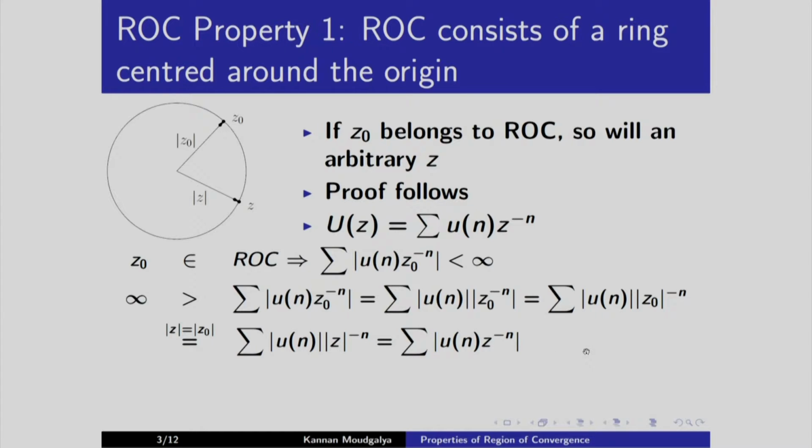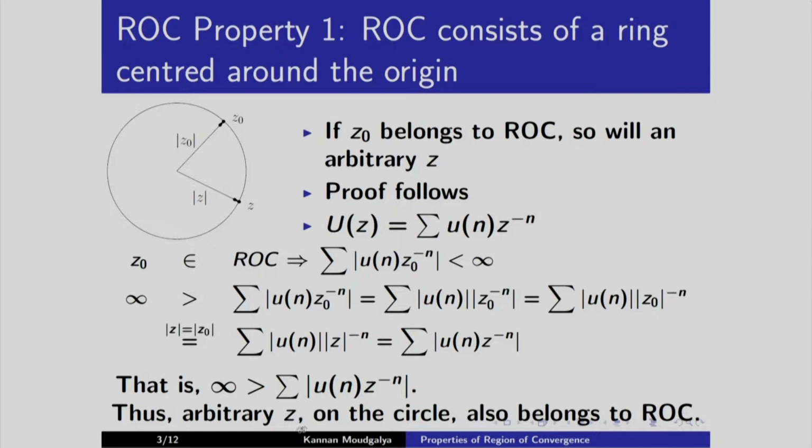I get this. So this is nothing but the Z transform of u of Z. See this expression? It is nothing but this. And we have got that this converges absolutely, because this infinity sign is greater than all of this. So we say that infinity is greater than this, or this absolute sum is bounded.